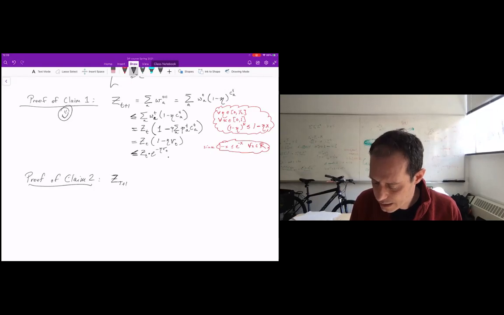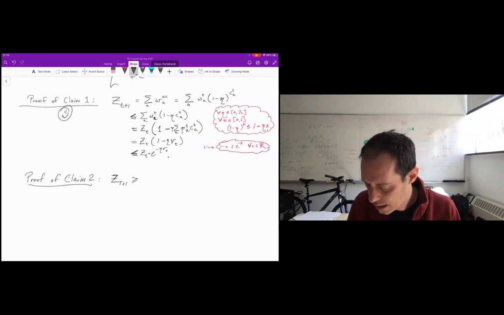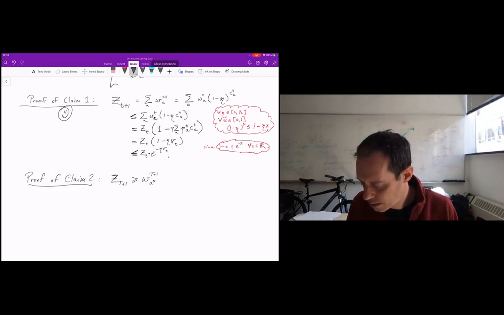Indeed, one thing we know is that Z_{t+1} is the sum of all the weights at time t+1. In particular, it is at least the weight at time t+1 of A star, the best action in hindsight.